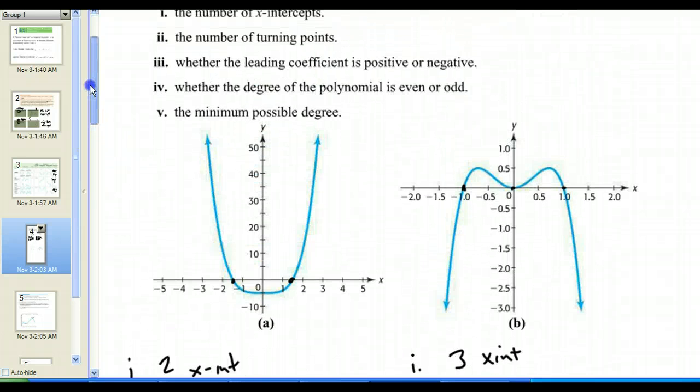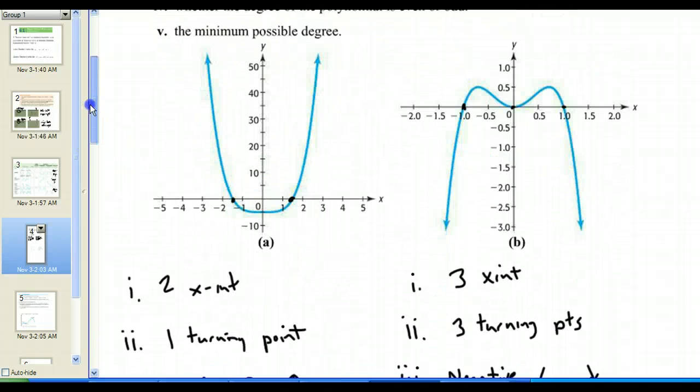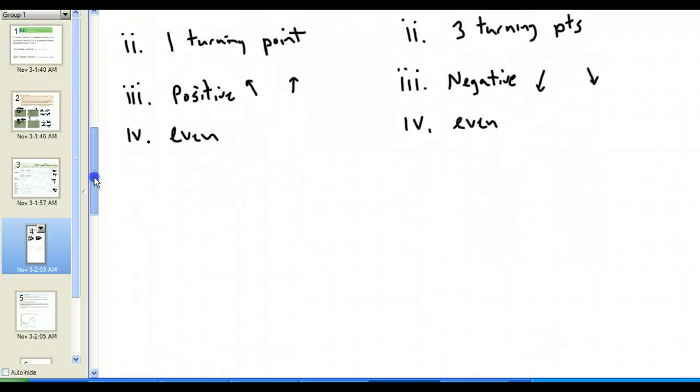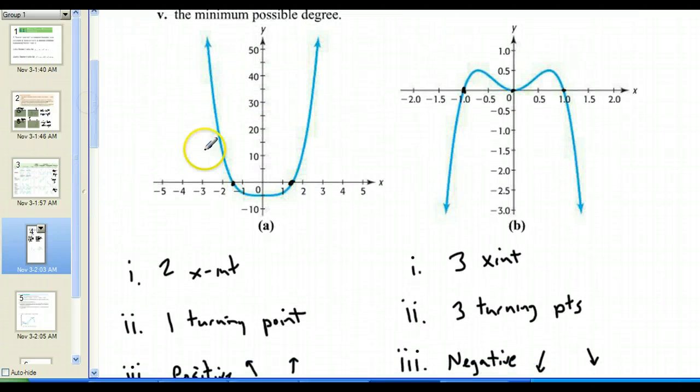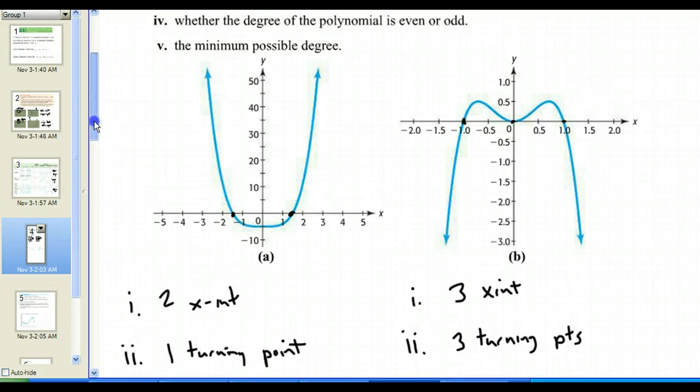Now the last part. What's the minimum possible degree? The minimum possible degree on both of these is degree 4. Now you may say, well, how could this one, the minimum degree, be 4 if it has just a single turning point?